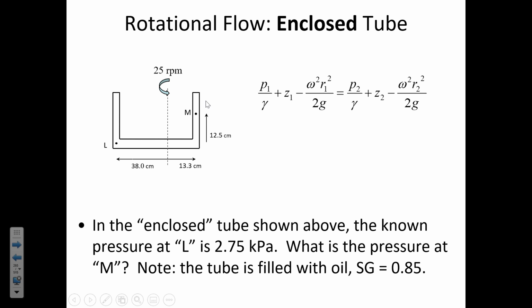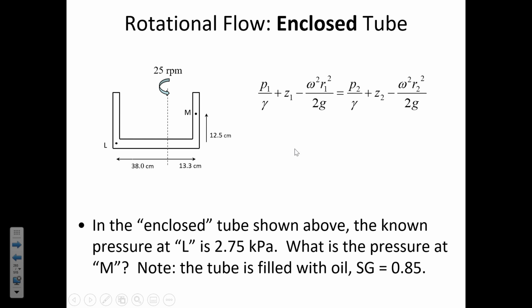So what we can do is apply this equation where you know the pressure at L, that's given, and we're trying to determine the pressure at M, that's the unknown. In this equation, it doesn't matter if one is on the left or if one is on the right. In Euler's equation, we had to be pretty careful about which was location 1 and which is location 2, but here for the rotational flow, we don't.